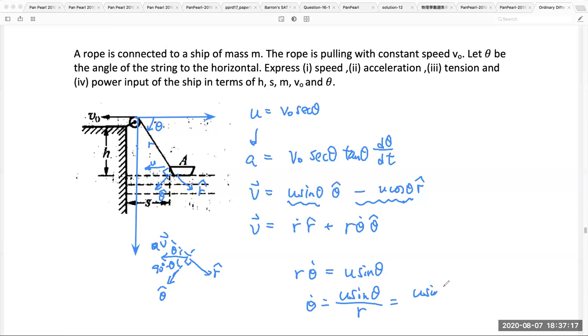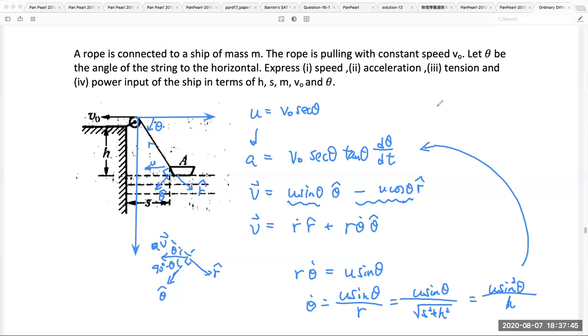Then r has the magnitude square root of s squared plus h squared, or if you express it in terms of theta, that is h divided by sine theta. Then you can get your answer.